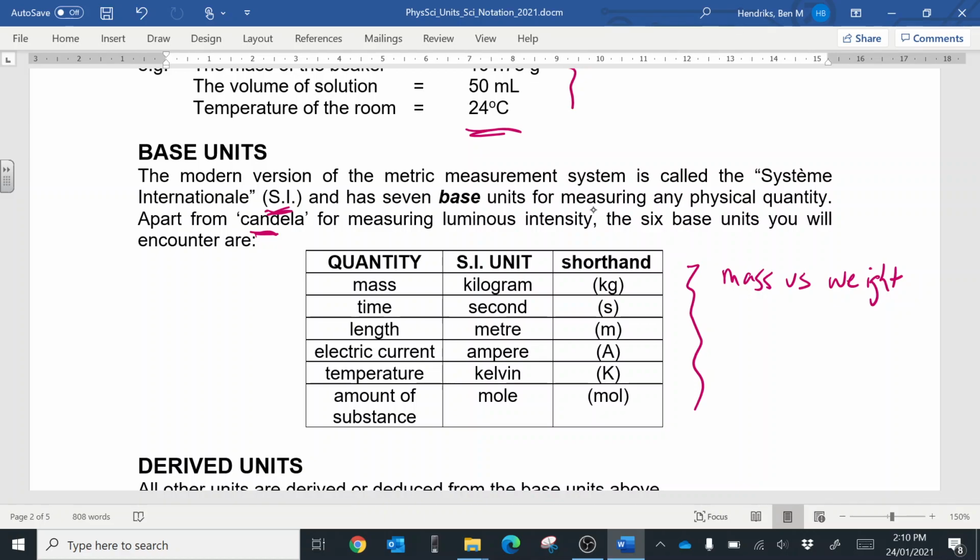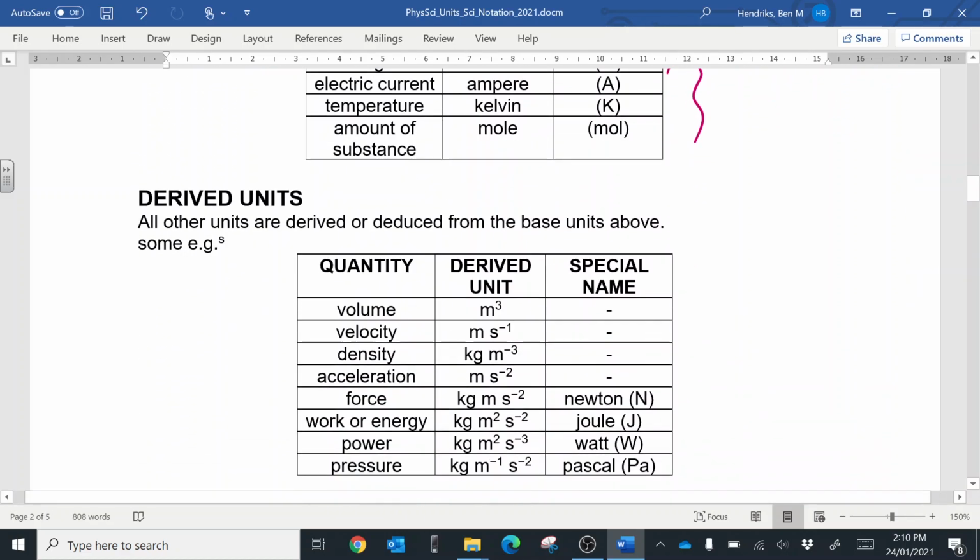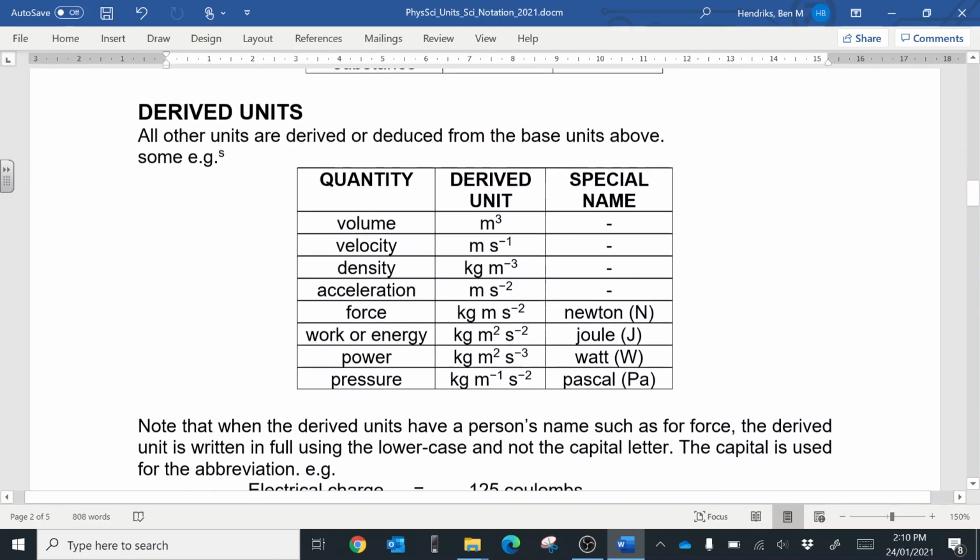But mass is measured in kilograms, time is measured in seconds, length is measured in meters, electric current is measured in amperes, temperature is measured in kelvins, and amount of a substance is a mole. And we'll talk about all these in detail later on. But these 3 here, you'll probably be familiar with anyway: kilograms, seconds, and meters. Okay, so they're our base units.